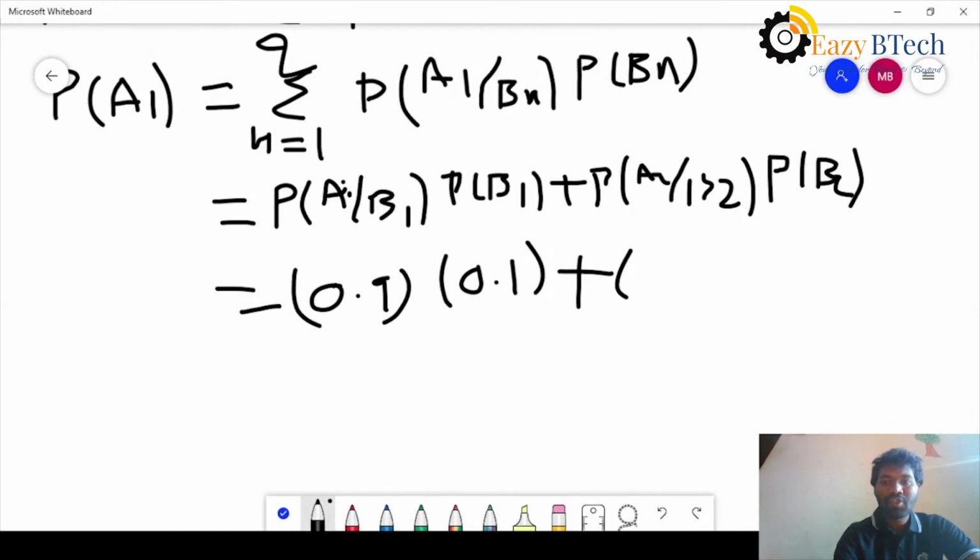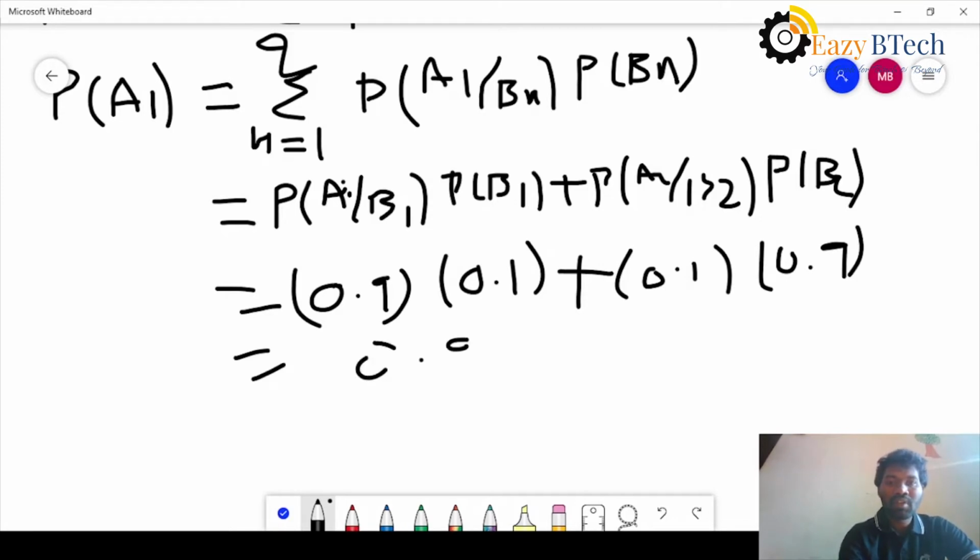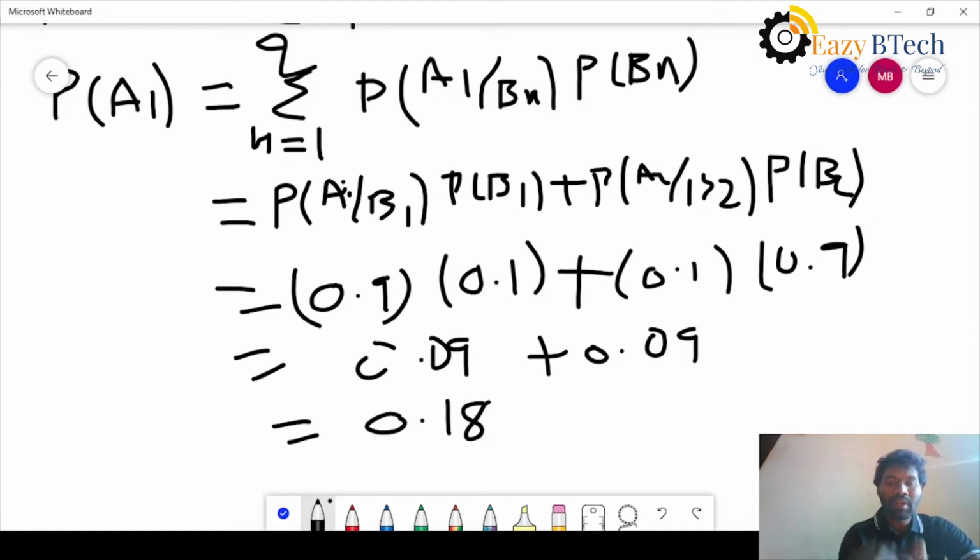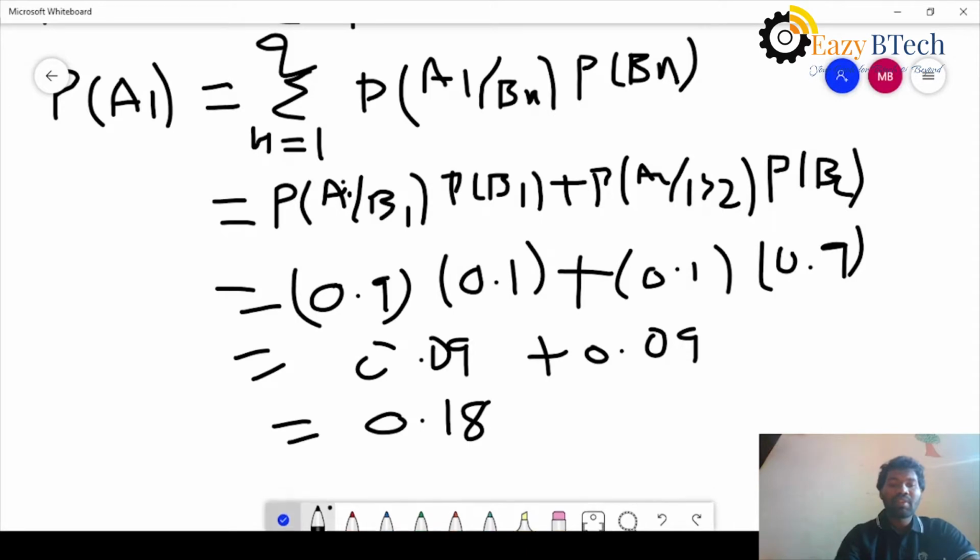So 0.1 into P of B2, which is 0.9. So it is 0.09 plus 0.09, and finally it is equal to 0.18. 0.18 is the probability of P of A1. So this is the way you have to find it.